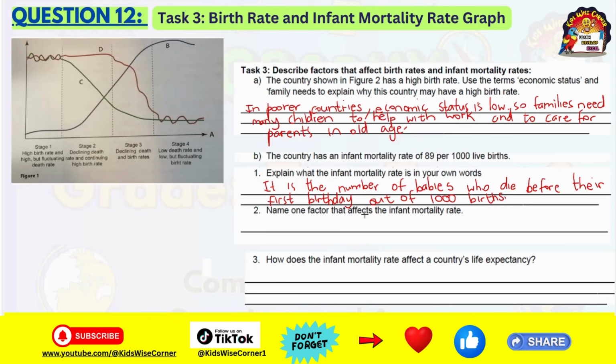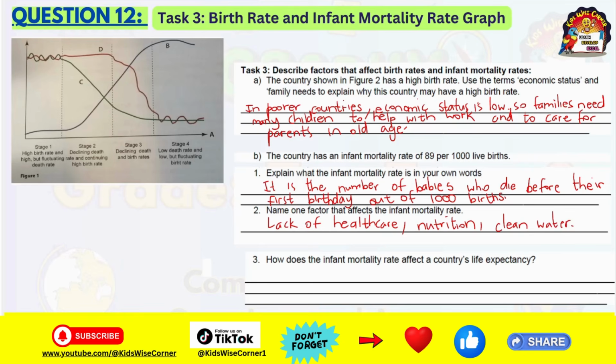Name one factor that affects the infant mortality rate. It could have been lack of health care, nutrition could be an issue, no access to clean water.